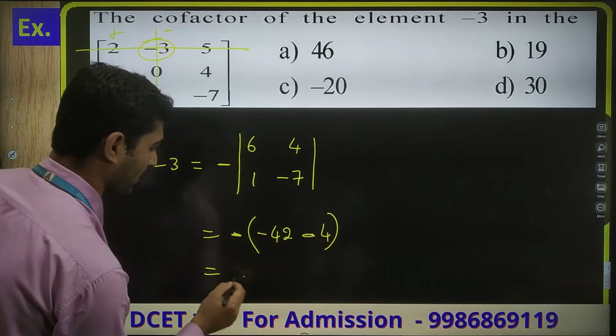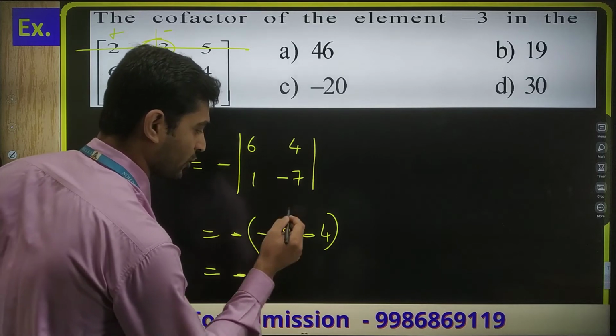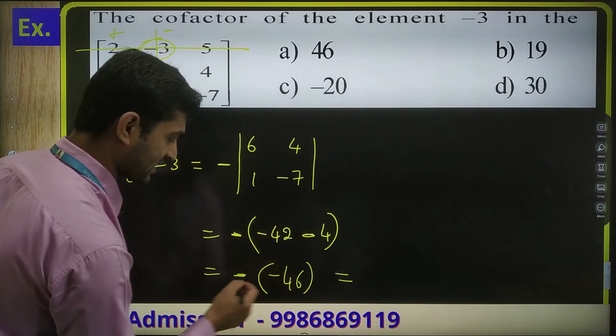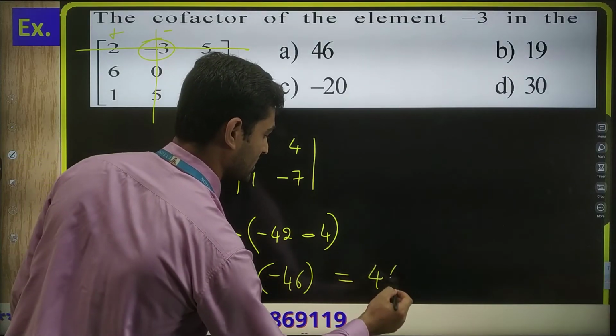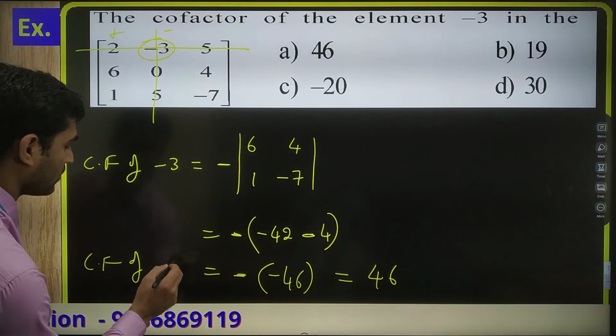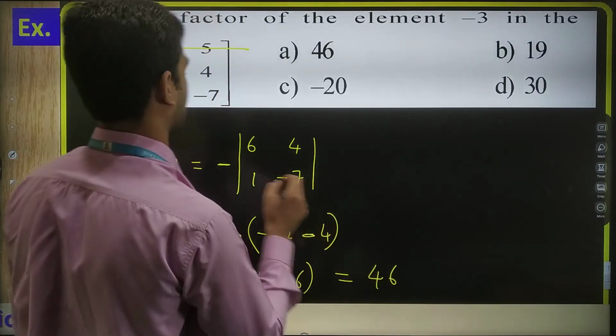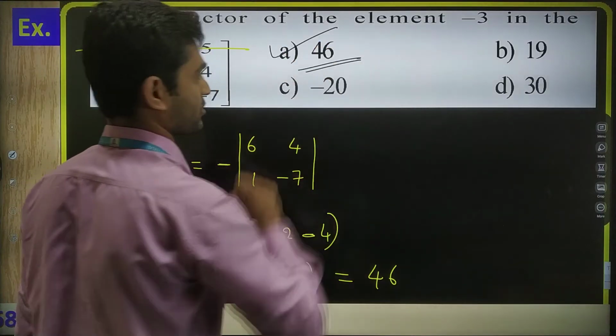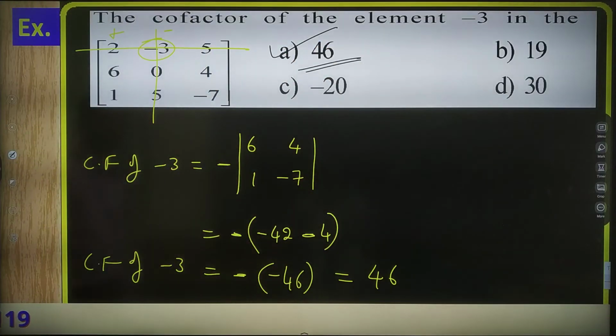So finally, minus, keep it same. Minus 42 minus 4 is minus 46. So finally, minus into minus, that is plus 46. Therefore, cofactor of minus 3 is plus 46. Just observe your options. See, A is the right option for this question. So this is the way we can find the cofactor.